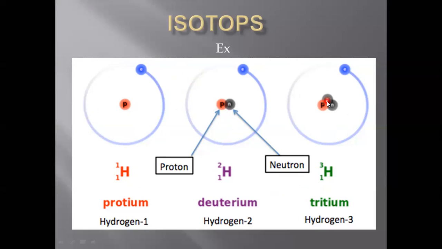But a different number of neutrons. In the first one there is no neutron, in the second only one neutron, in the third two neutrons. So you can define isotopes.